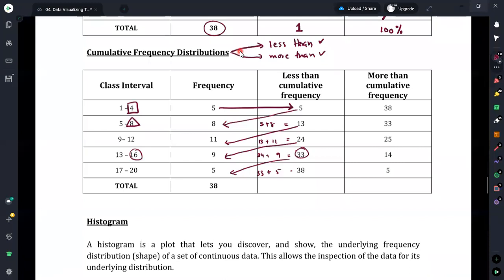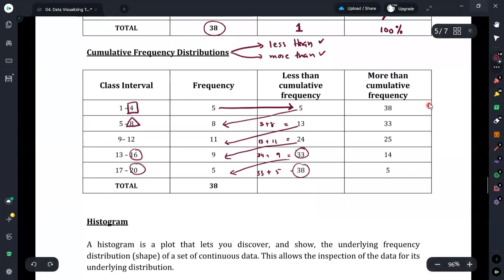Likewise, we can interpret the results. The final value, 38, means there are 38 leaves which are less than or equal to 20 centimeters. Therefore, this is how we are constructing the less than cumulative frequency and interpreting the values using it. And then we will consider the more than cumulative frequency.